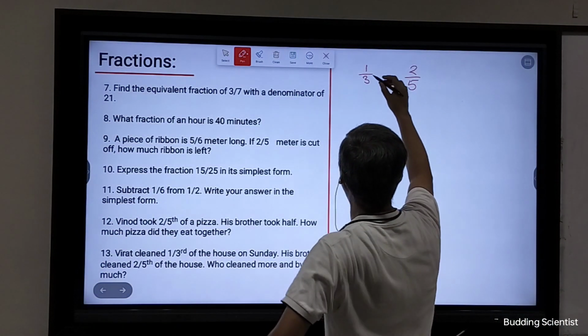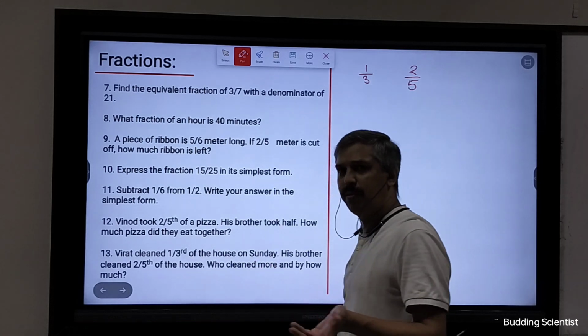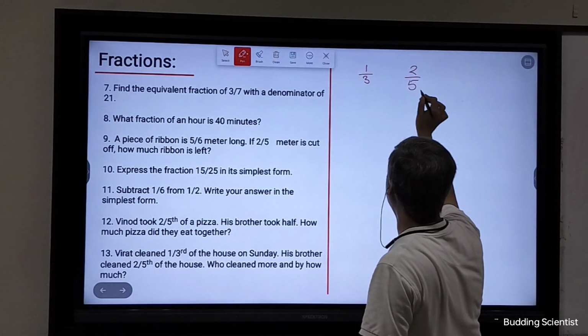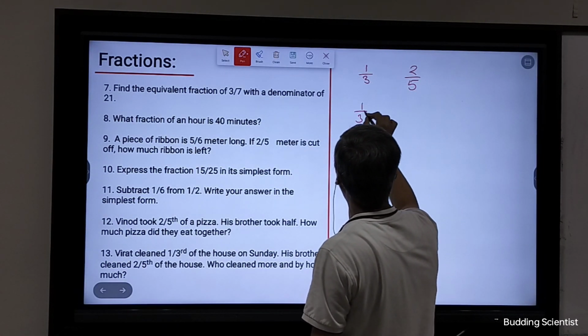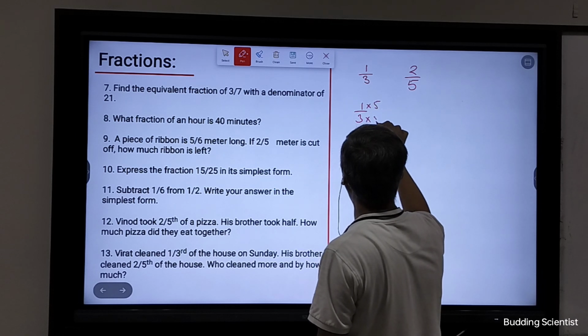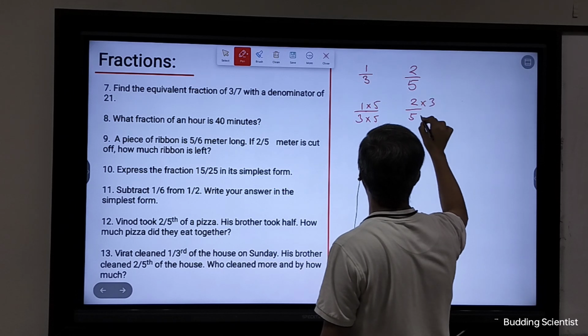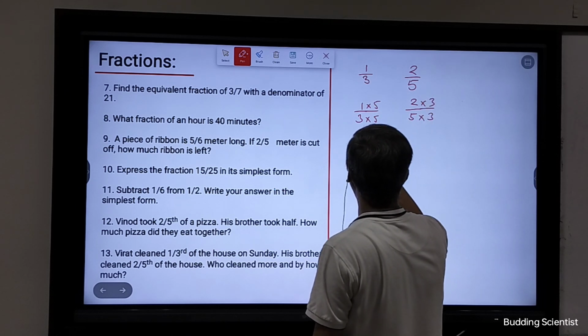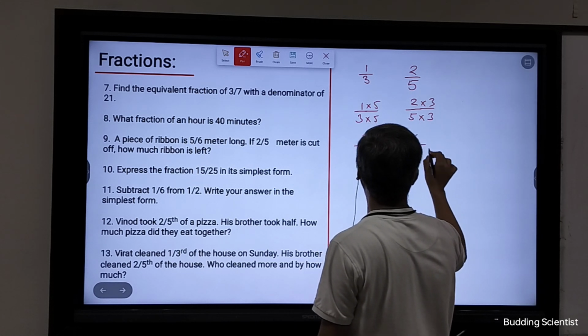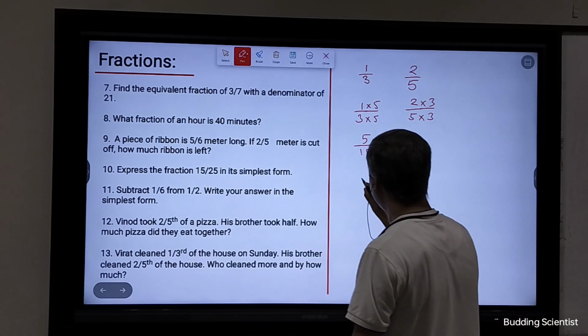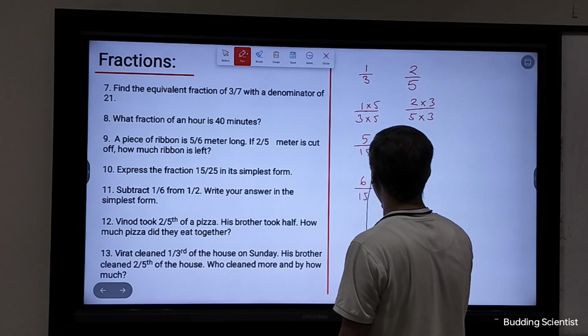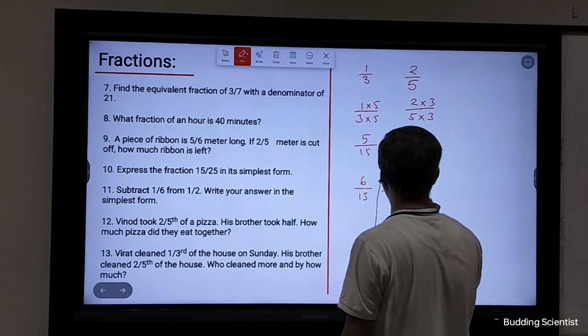So who cleaned more, we'll answer that first. We want to make the denominator same, only then can we tell. So the LCM will be 15. So we write 1 by 3 into 5 upon 5. And here will come 2 by 5 into 3 upon 3. This is 5 upon 15 and this is 6 upon 15. So we write 6 by 15 is more than 5 by 15.